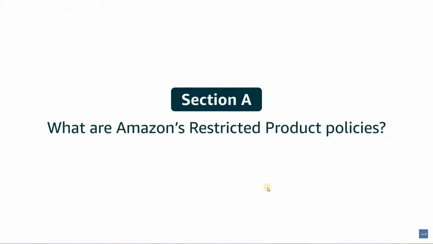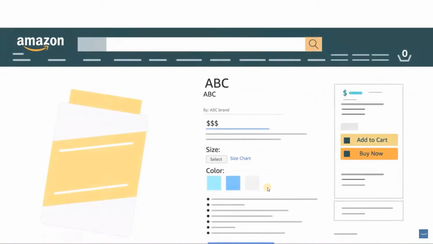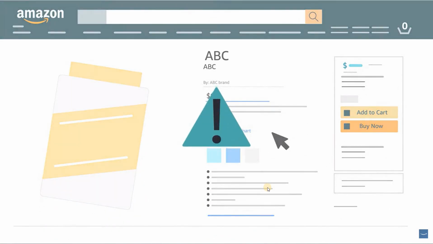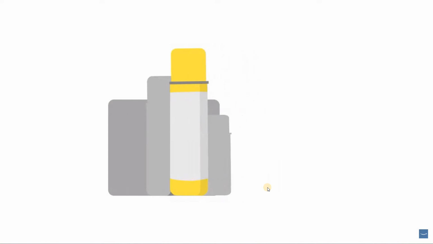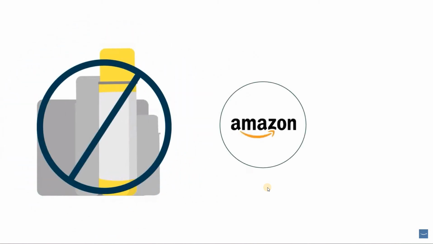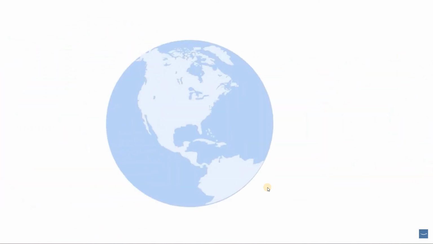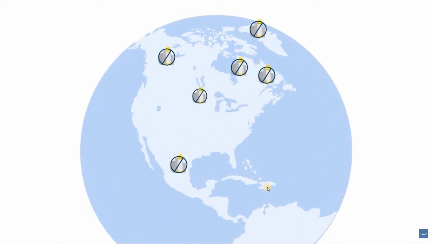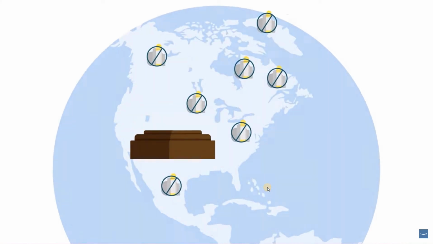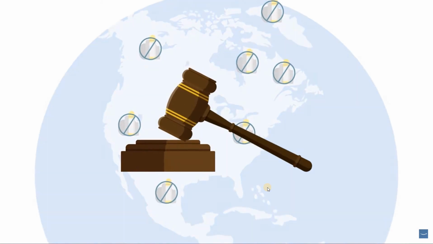Let us first understand what are Amazon's restricted product policies. Restricted products include products whose sale on Amazon is prohibited or restricted in some way due to applicable laws or regulations. These products could include those that are prohibited for sale by Amazon or selling partners, restricted in certain geographies, and products that may not be cross-listed across countries or regions due to regional regulations and restrictions.